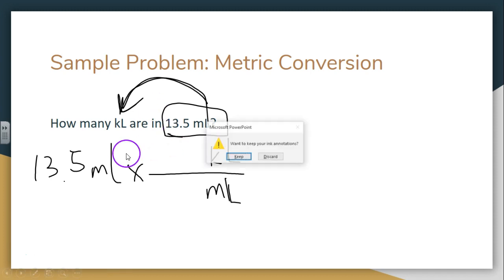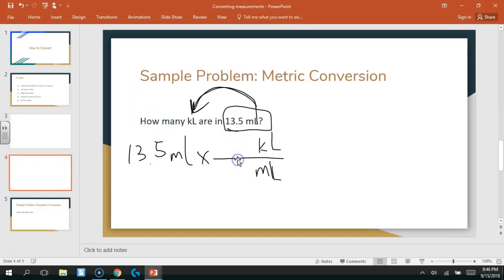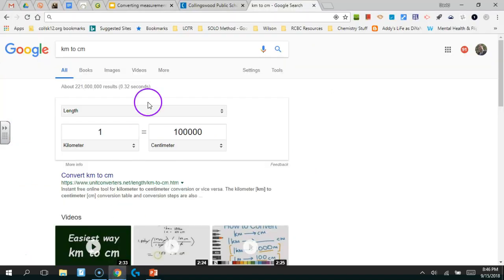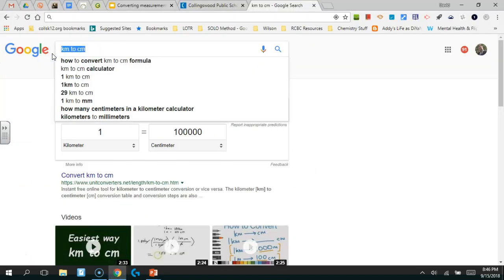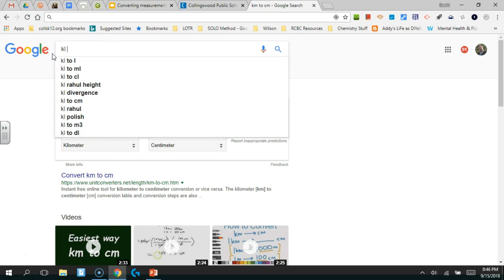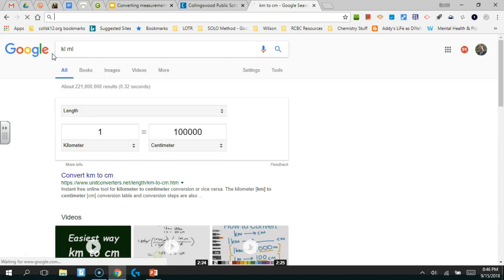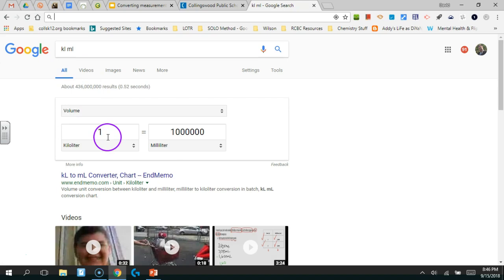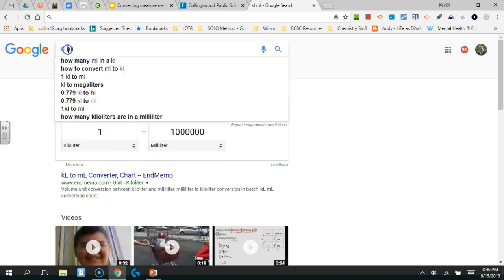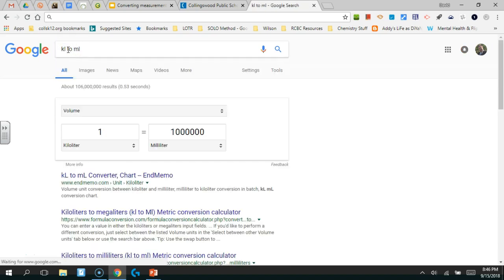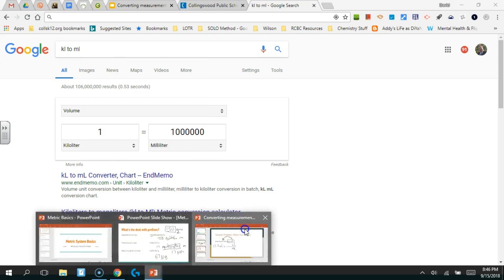So we'll go to Google, and we want to do kiloliters to milliliters. Oops, look, I didn't even say two. I just said kiloliters to milliliters. So look, it says 1 kiloliter is equal to 1,000,000 milliliters. Well, that's cool. That works. That's fine.